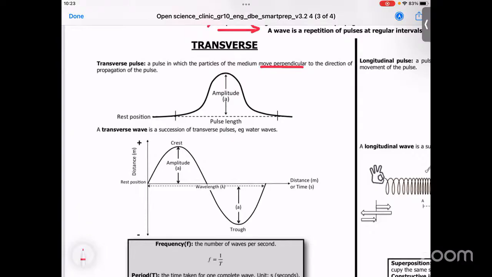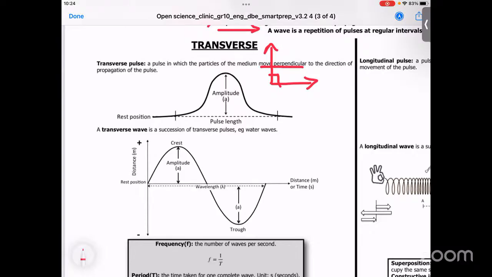Perpendicular means the movement is at 90 degrees. The 90-degree angle is formed where the movement is towards the left or the right, but the particles are going at a right angle to the movement. So that's where the 90 degrees comes in.